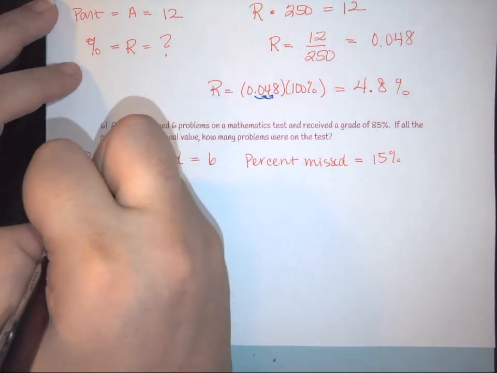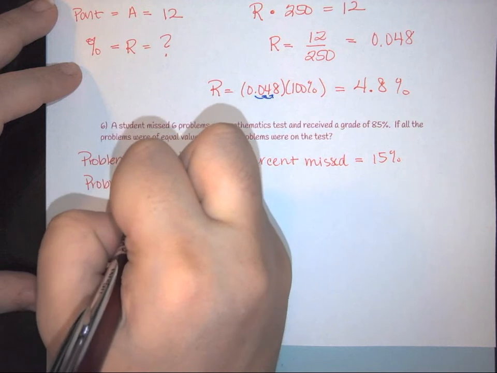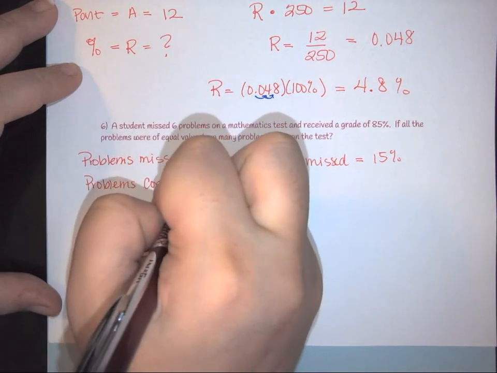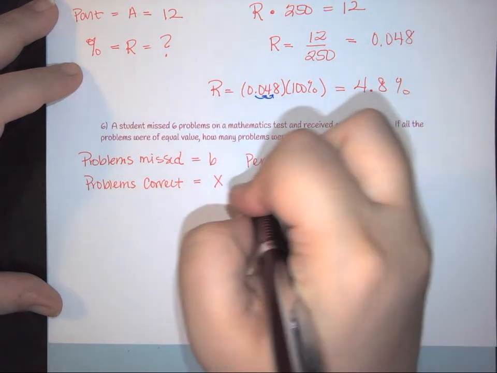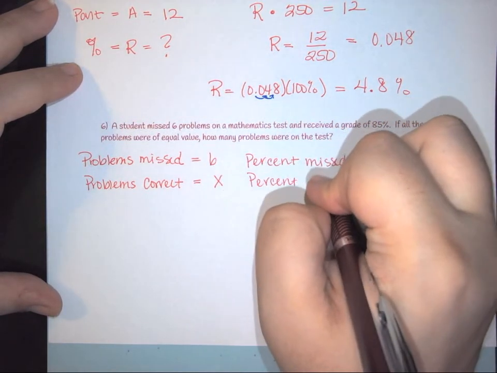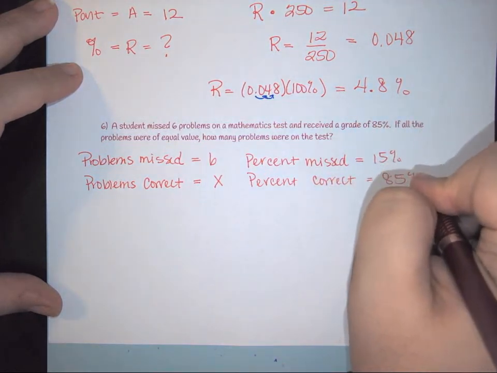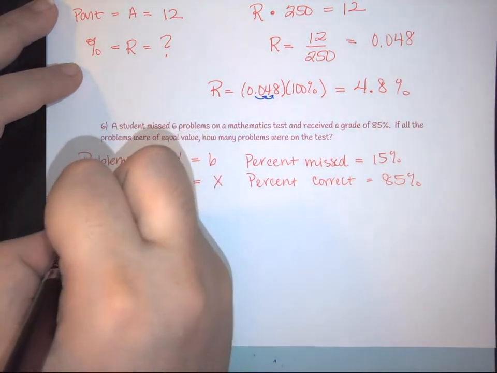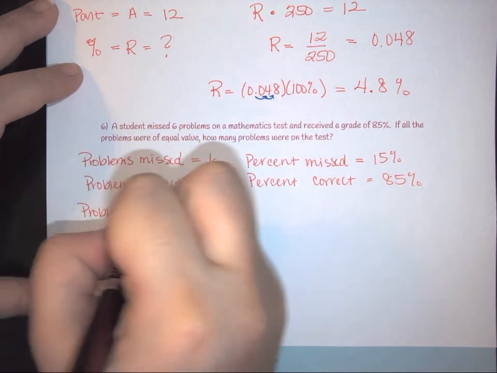Well, we then need to know problems correct, which is the unknown, because that gives us your percent correct, which was 85%. And then we have problems total.